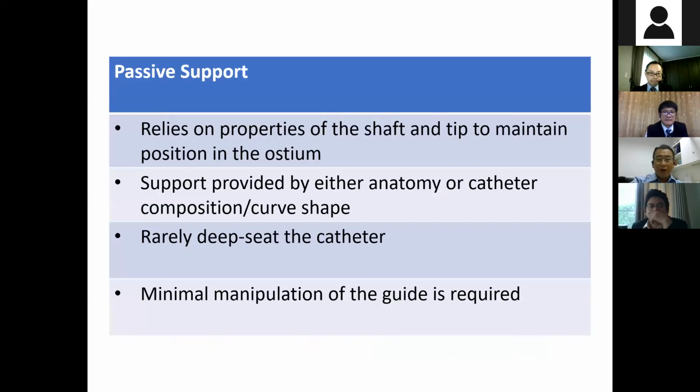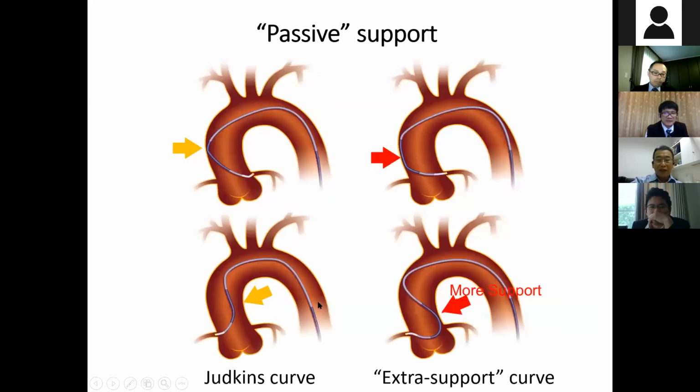Passive support means you rarely have to deep seat the catheter, since the catheter curve itself can support any device and any procedure you do, and you hardly have to manipulate the catheter. Passive support will be enhanced by the shape of the catheter, especially for this opposite wall side.